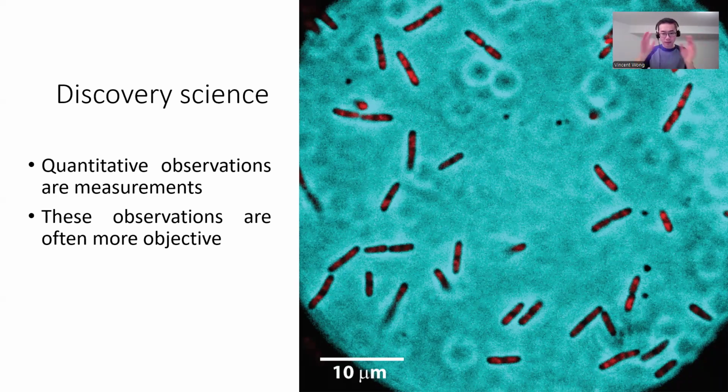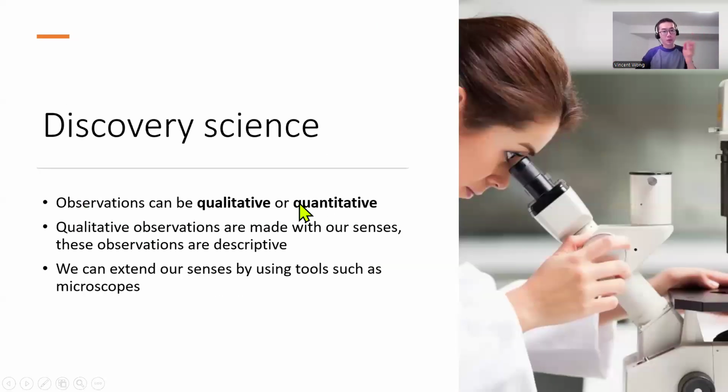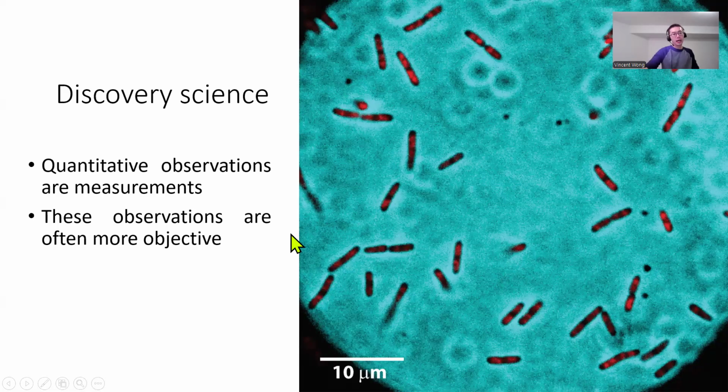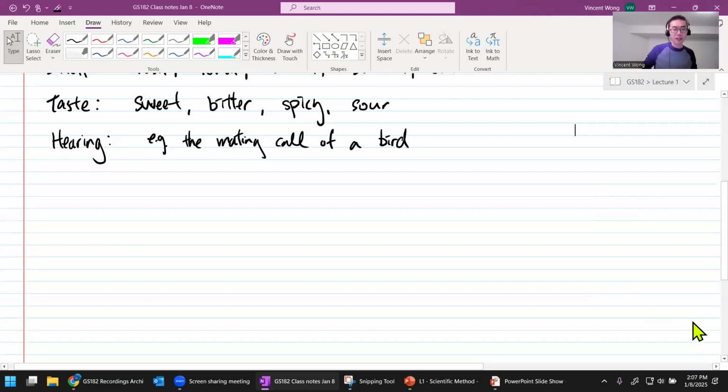And again, just to bring you guys back, we are talking about the different ways to do science. One of the ways is discovery science, which is just making observations. So you can make observations just by using your senses, like all the ones we wrote down, or we can make observations using measurements. Okay, so when we do quantitative observations, we often need some kind of instruments to help us make the measurements.